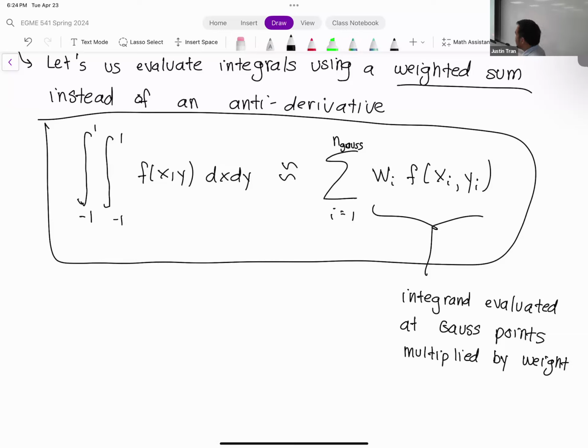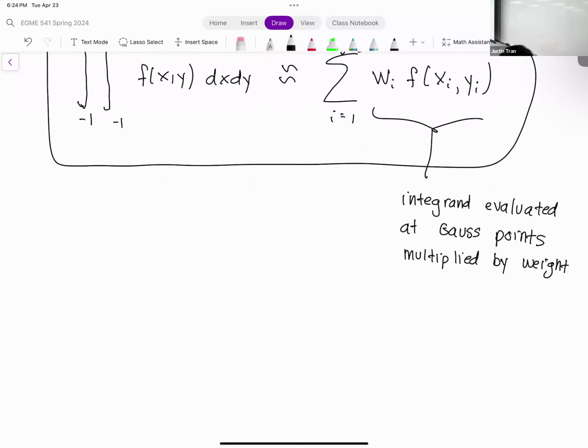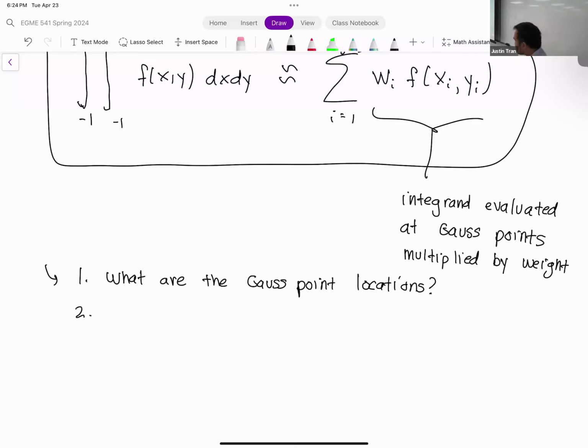All right, and so the question, for any Gauss quadrature problem, is to one, determine what the locations of the Gauss points are, and two, at each Gauss point location, what are the associated weights?